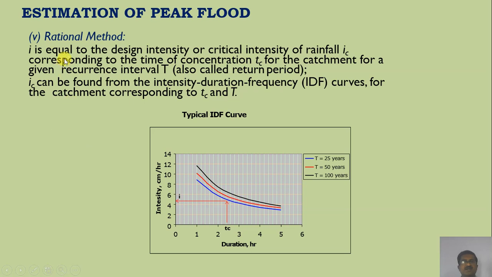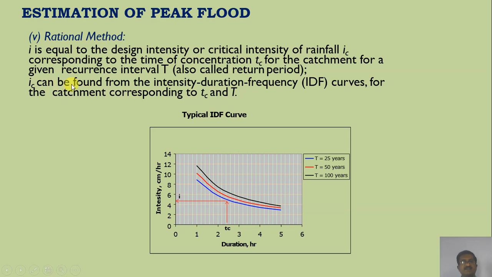Further, this I is equal to the design intensity or critical intensity of the rainfall IC, corresponding to the time of concentration TC for the catchment for a given recurrence interval T, also called the return period. We have studied that earlier as well.